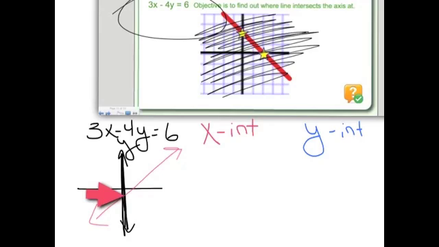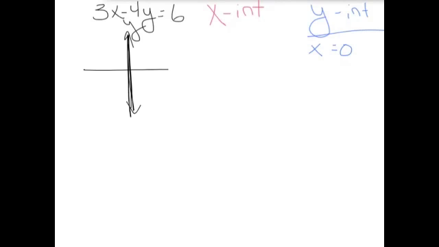What's special about that is that the y-axis intersects the x-axis at the origin, which means that any point that exists on the y-axis is at a point at which x is 0. So the y-intercepts all exist at x equals 0. Therefore, I know that my y-intercept will be wherever x equals 0. So I'm going to plug x equals 0 into my equation to find my y-intercept.